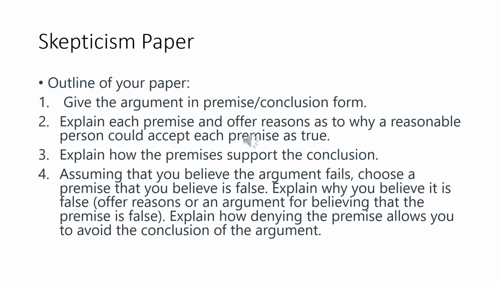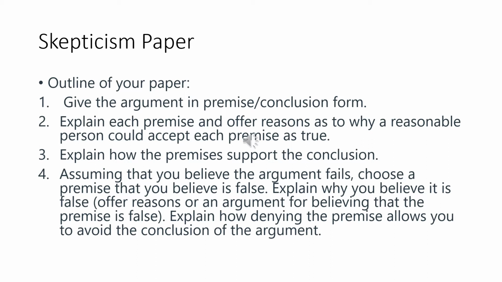And then finally, last part of your paper, you should, assuming that you think that the argument fails, which all of these arguments I think do, choose one of the premises that you think is the wrong premise, is bad, is false, is the premise that's the stinker. And then you should explain why you think that premise is false.